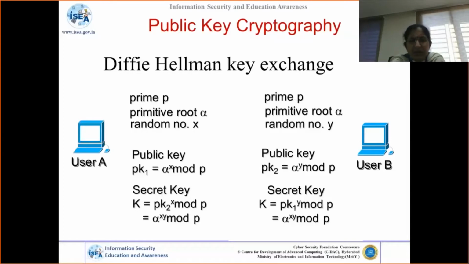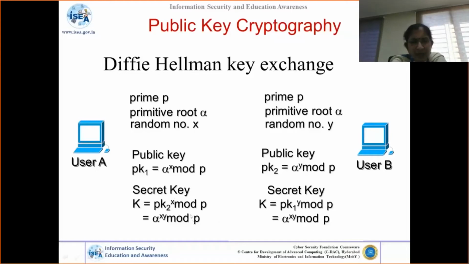Just see here, we are doing one more thing. Once PK1 is received by user B, one more modulus operation is done with the public key received from the other end and its local random secret value: PK1 to the power Y mod P. Similarly, user A takes the PK2 it received and its own secret random value, and computes PK2 power X mod P. If you analyze carefully, whatever results is nothing but alpha power XY mod P, which is the same value at both ends.